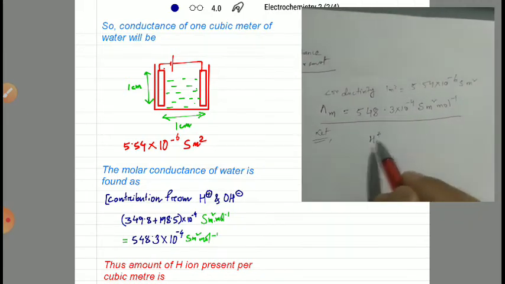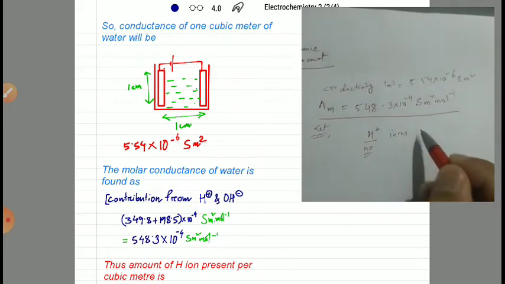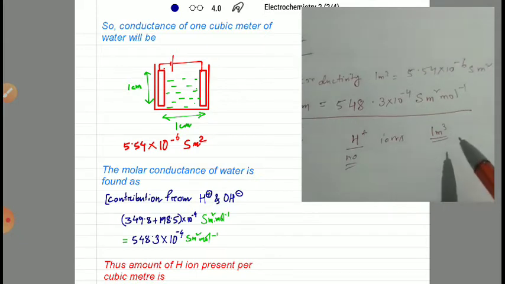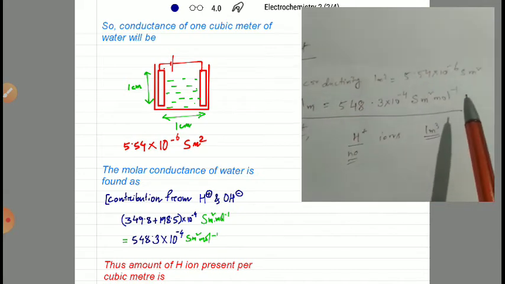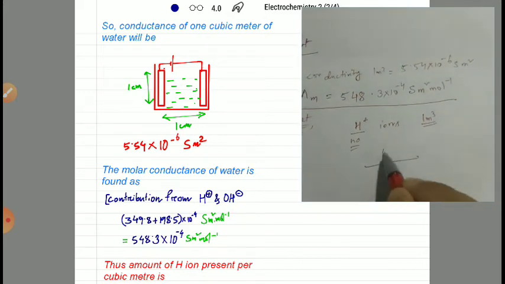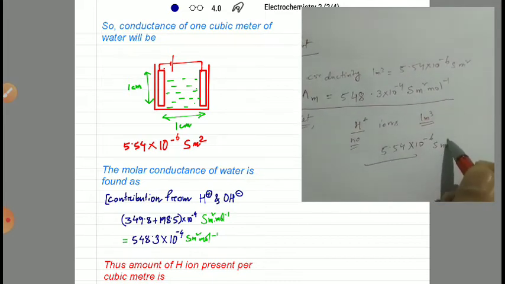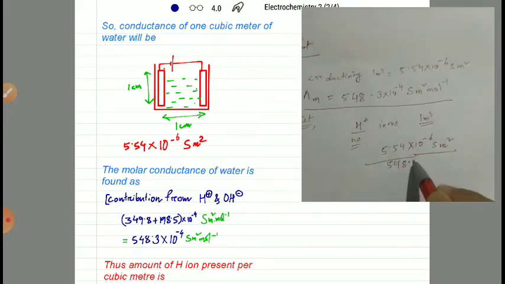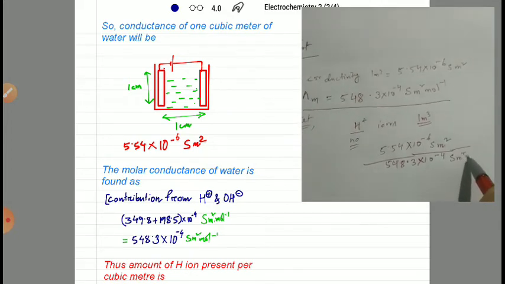So let us calculate the number of H positive ions present in 1 meter cube volume. We just have to divide this one by this one. When we divide, what do we get? 5.54 into 10 to the power minus 6 divided by 548.3 into 10 to the power minus 4 per mole.